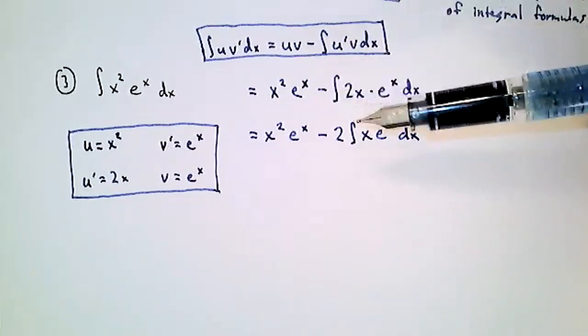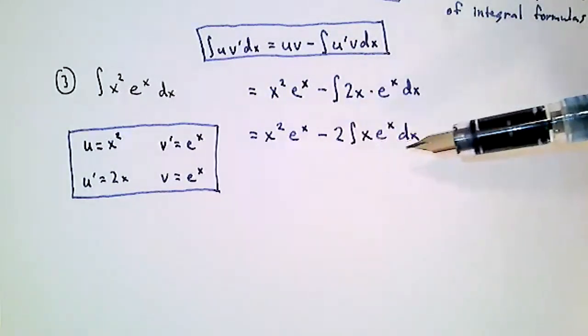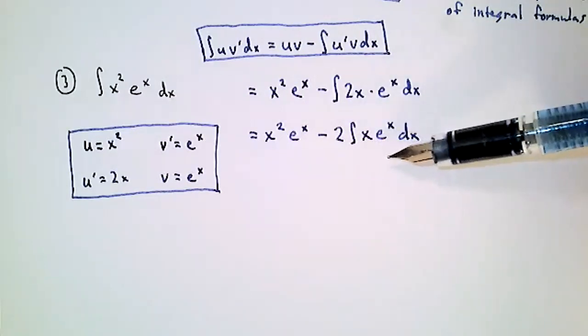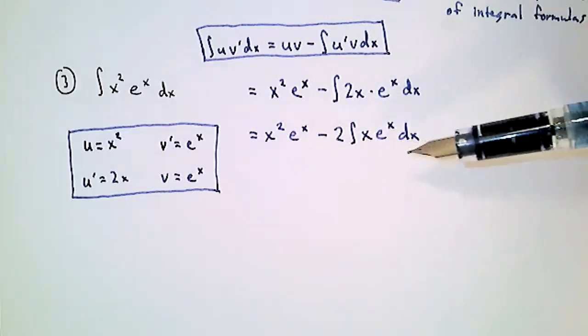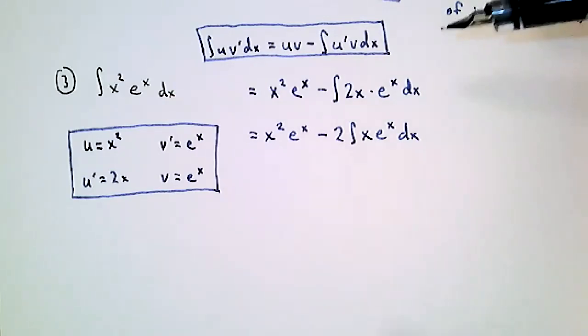So the question is at this point, can we do this integral here? Can we find an antiderivative for x times e to the x? What do you think? Do we know one? Well, we don't, right?